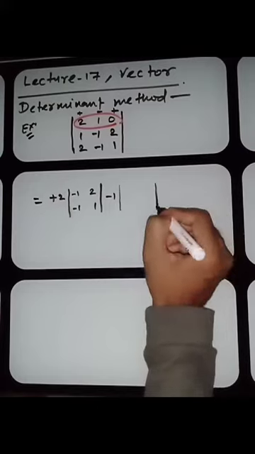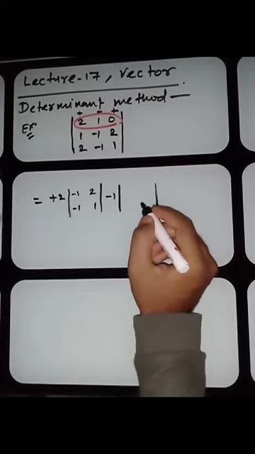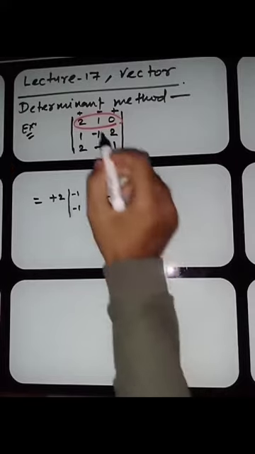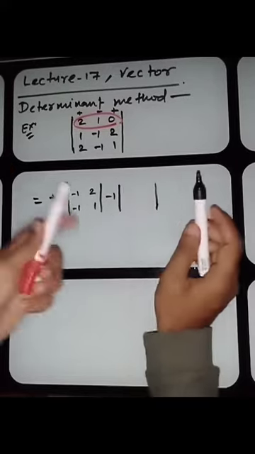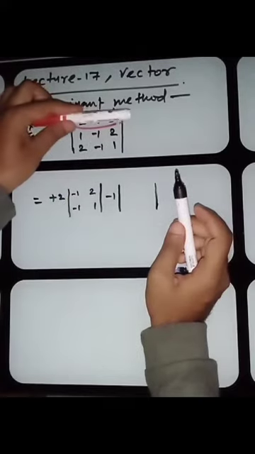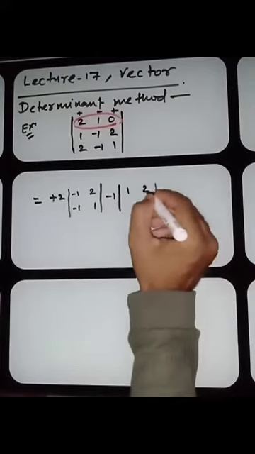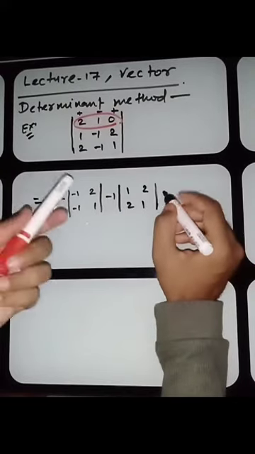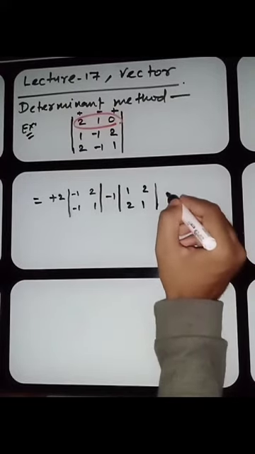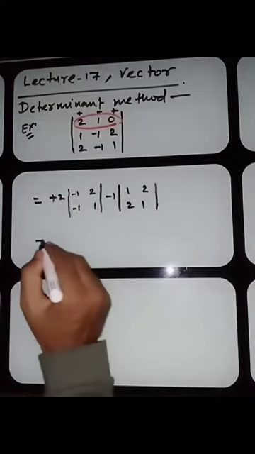Here I am teaching you how to use this determinant to simplify our work. For minus 1, you split this particular column and row will be eliminated, so 1, 2, 2, 1. Now the next one is 0, so the entire result is 0, so no need to write.